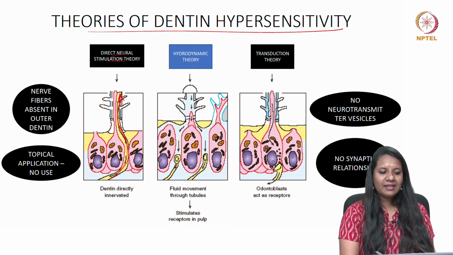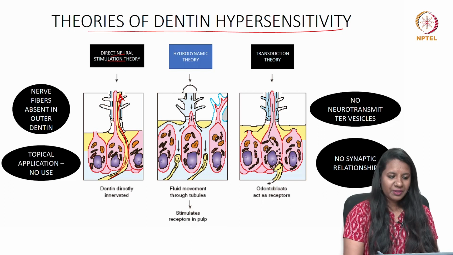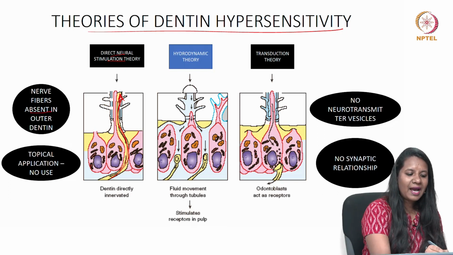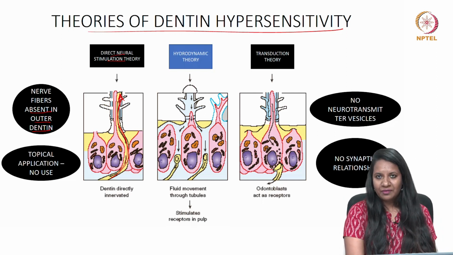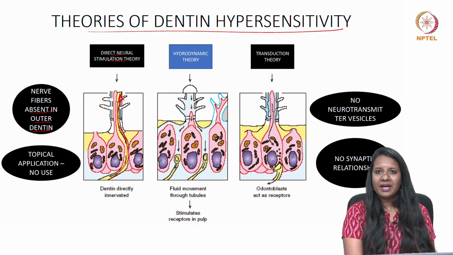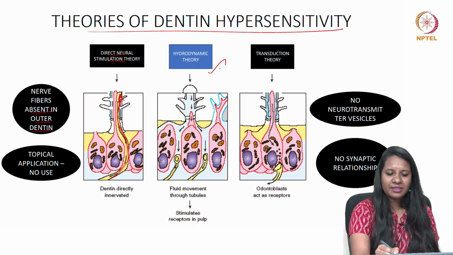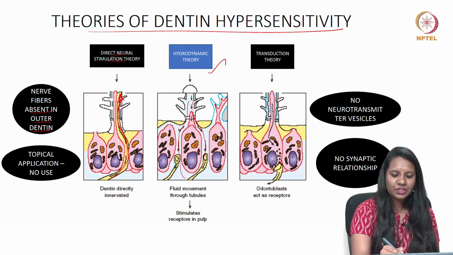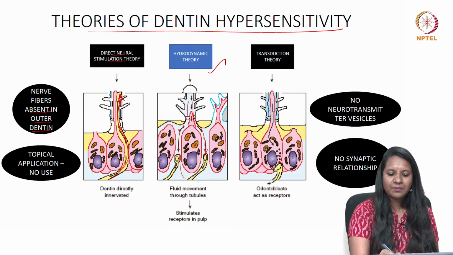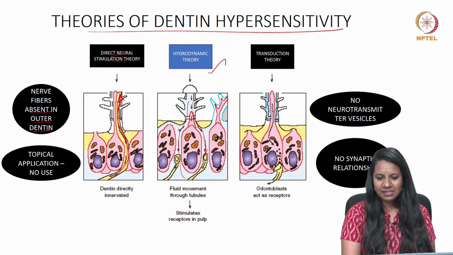But again this theory is rejected because the nerve fibers are absent in the outer dentin, and when there is topical application of analgesics, it does not provide any symptomatic relief. Then comes the hydrodynamic theory, which is the widely accepted theory. The dentinal fluid inside the tubules stimulates receptors in the pulp, leading to dentin hypersensitivity.